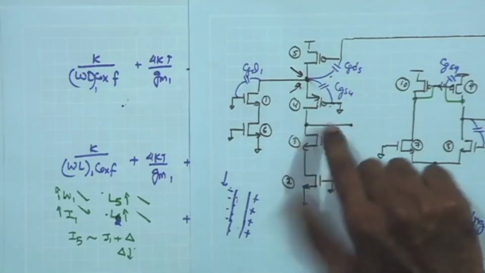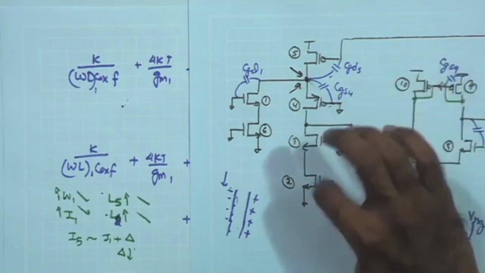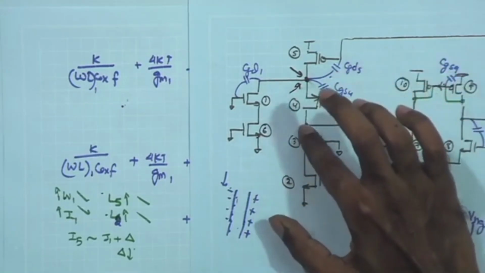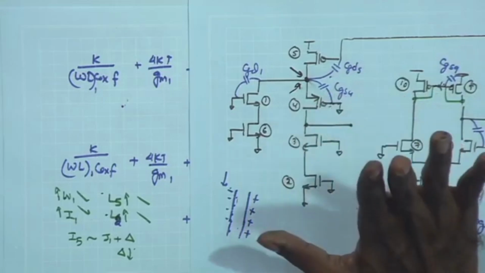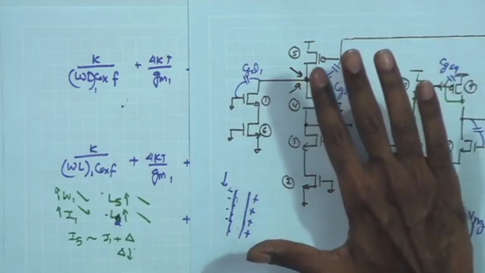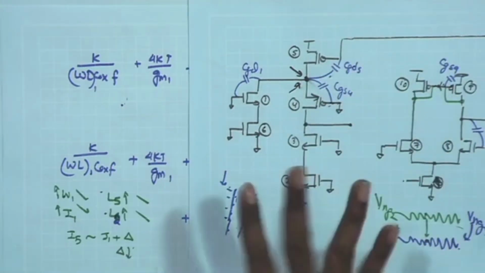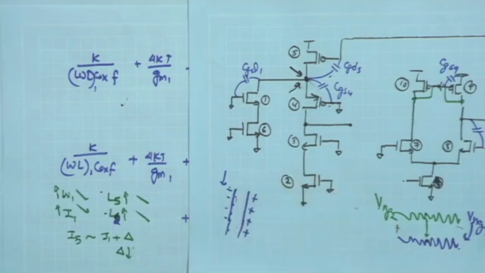Same thing on the lower side, I would like to have lower W by L for M3, larger L for M2, and both that is going to reduce the headroom on the negative side and going to impact my swing. So, lower noise is going to impact my swing in a negative fashion. So, that is another trade-off we should be aware of.